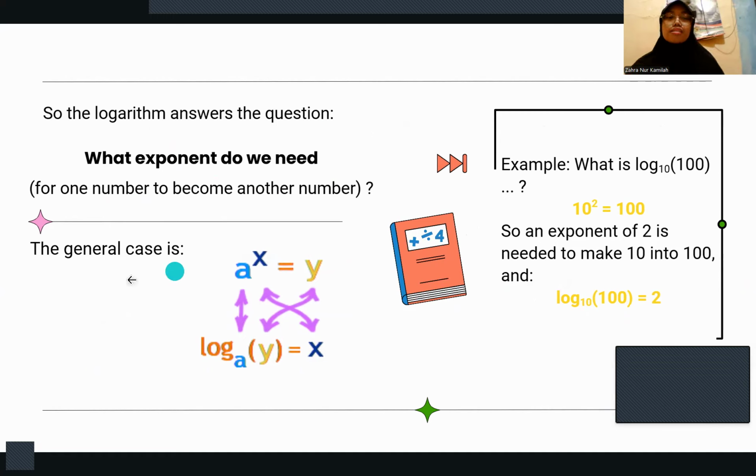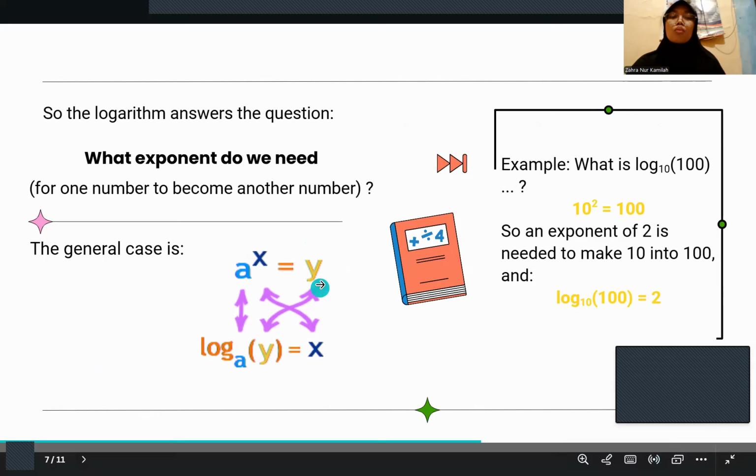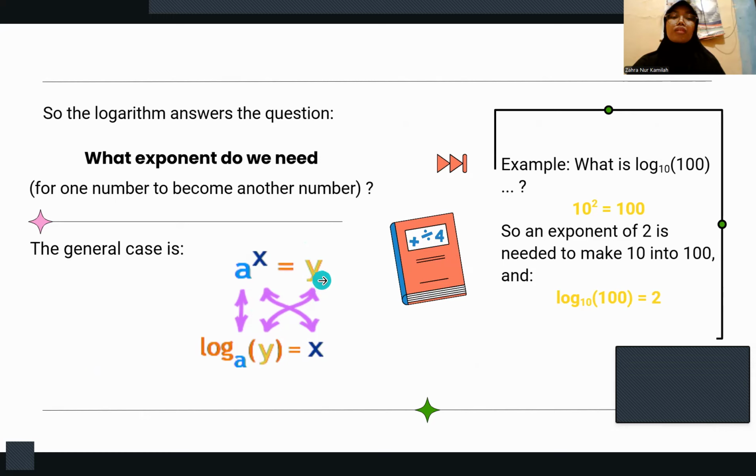The general case is something like a to the power of x equals y. Here a is the base, y is what we want to get, and x is the exponent.